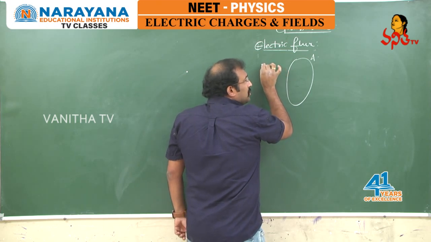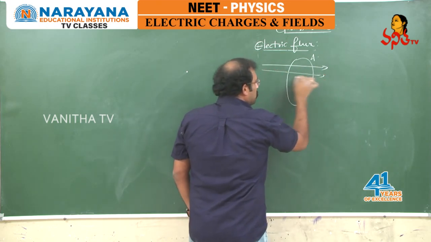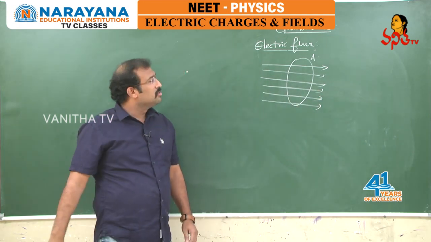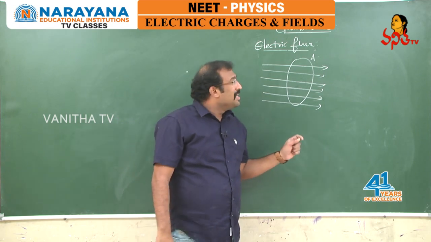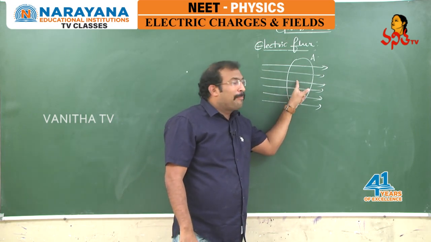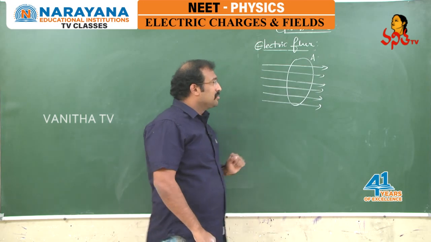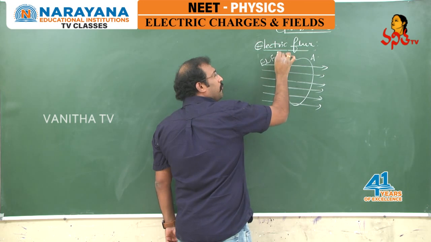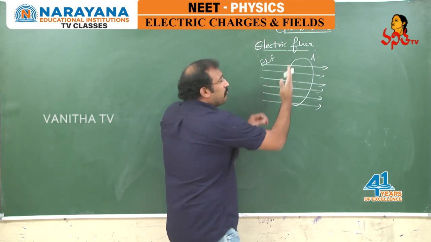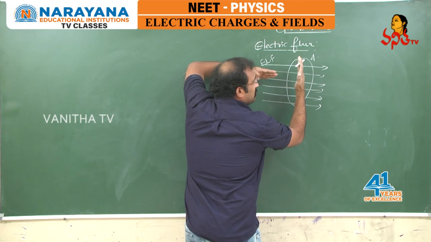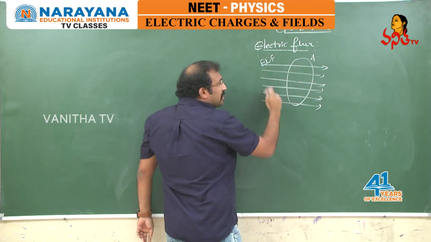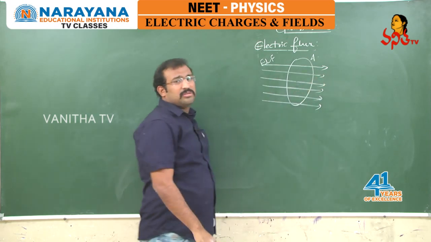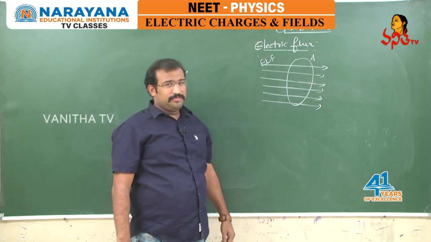It is the number of electric lines of force passing through a given area of the surface perpendicular to it. These lines of force are passing through this area like this. The number of electric lines of force passing through this area perpendicular to its surface is known as electric flux.